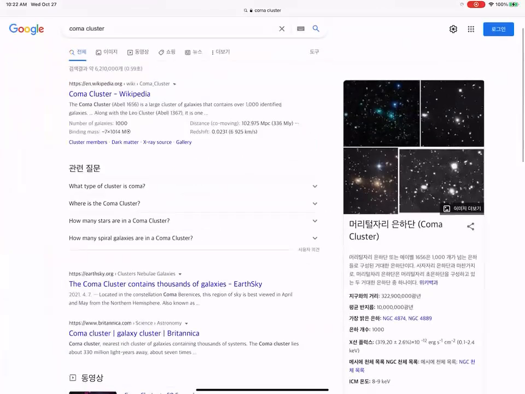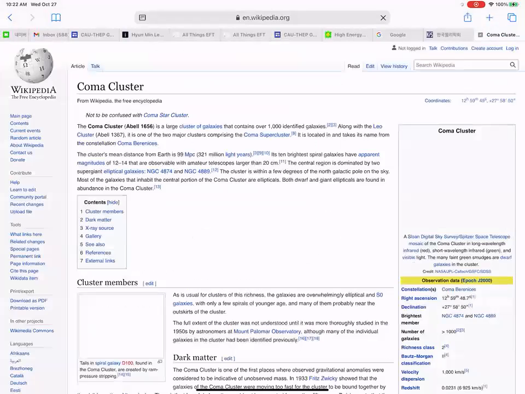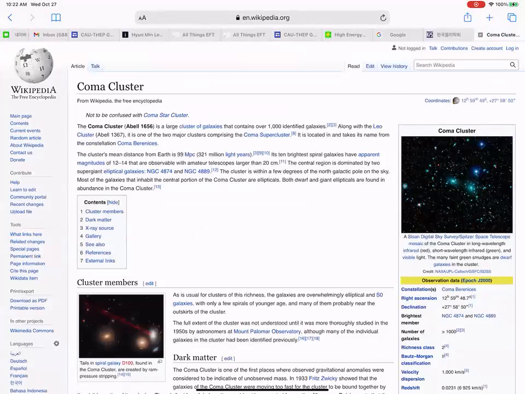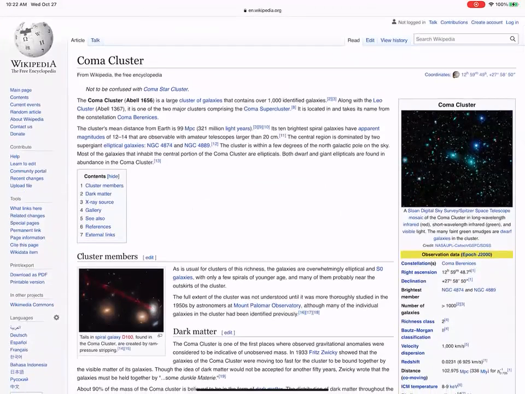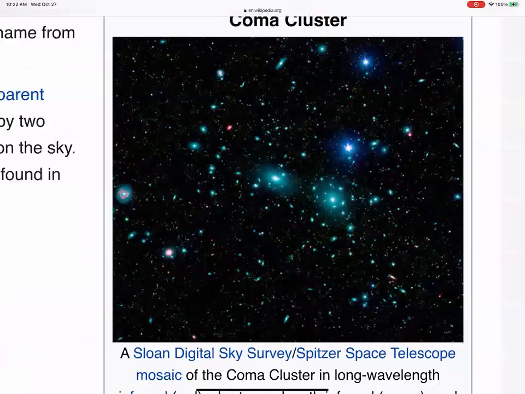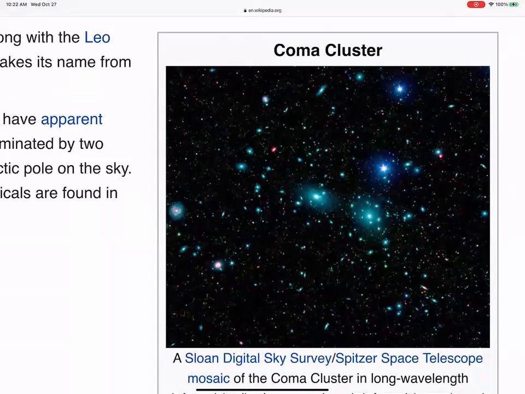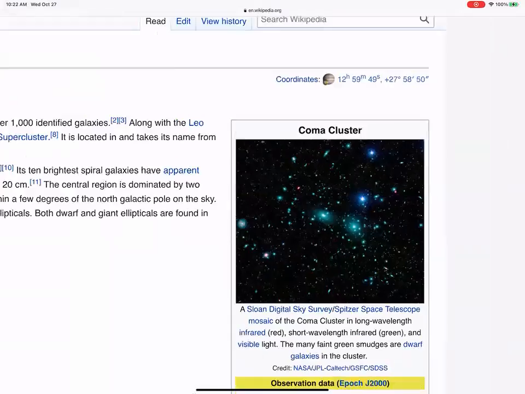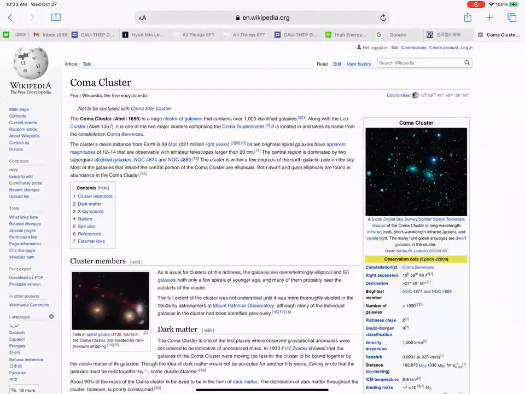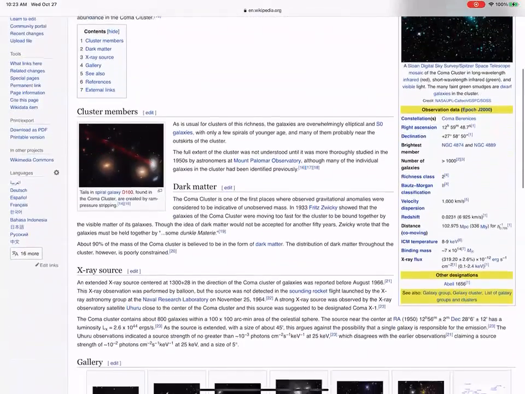In Korean, 머리털 자리, Coma, is hair, hair cluster. So you can see something like this one. It doesn't look spherically symmetric. So some visible stars, some Coma cluster. You can take a look. There's some information.